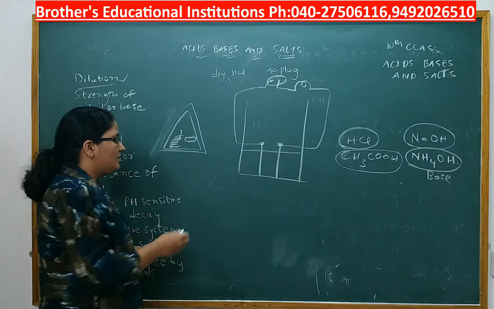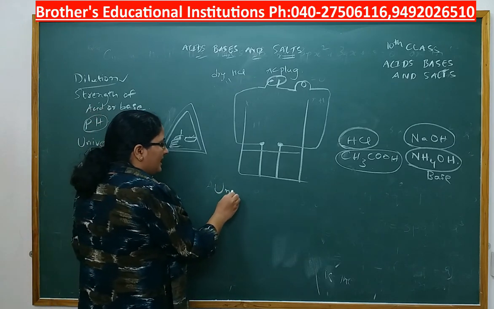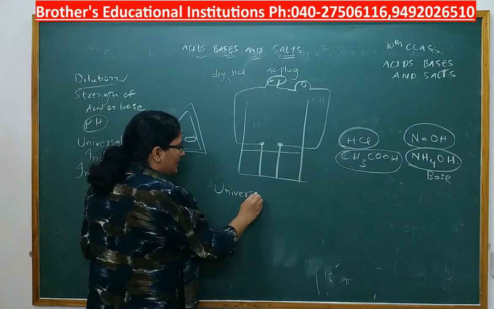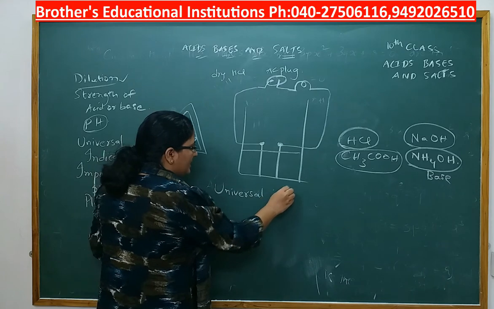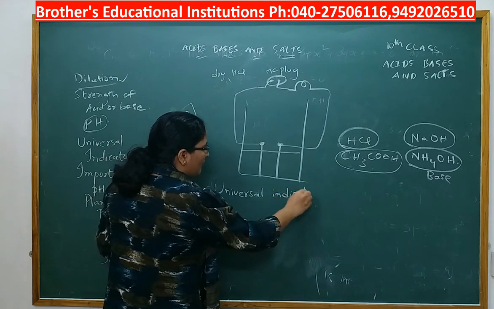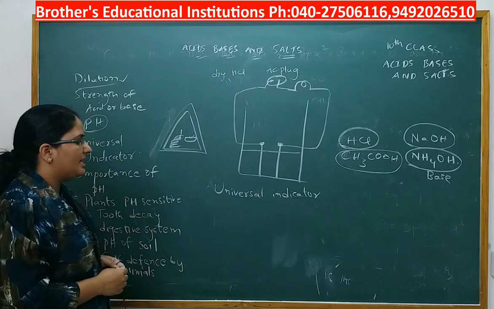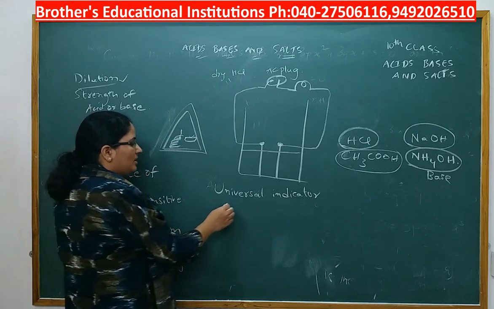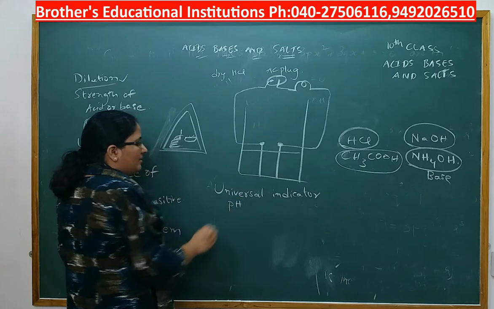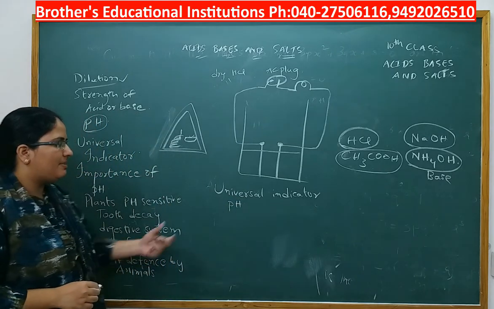You can use universal indicator. Universal indicator is a mixture of many indicators. Next you have the pH scale. This pH means power of hydrogen.